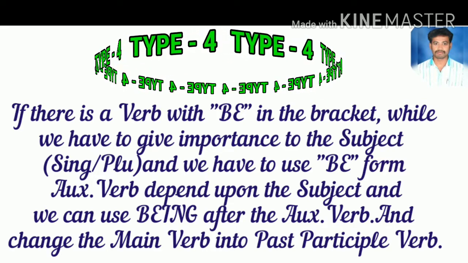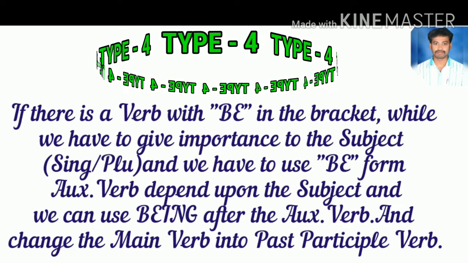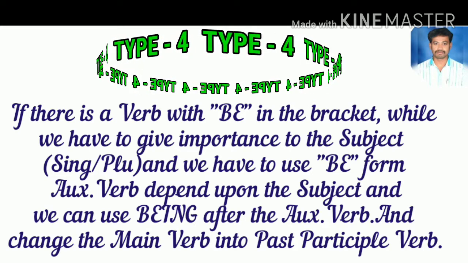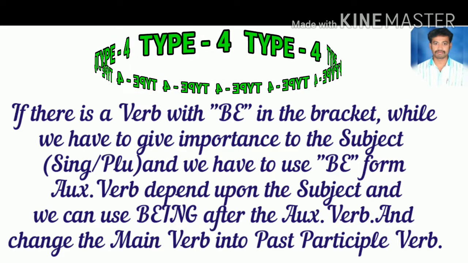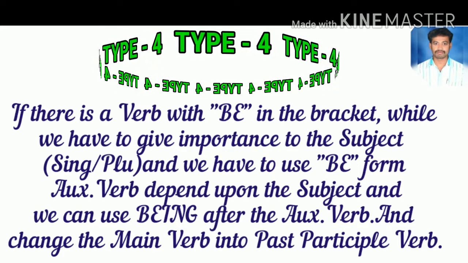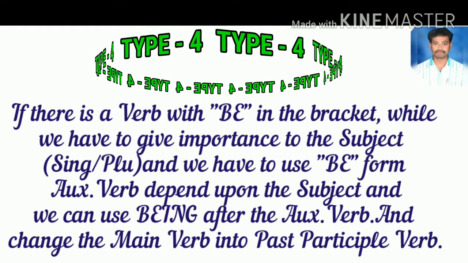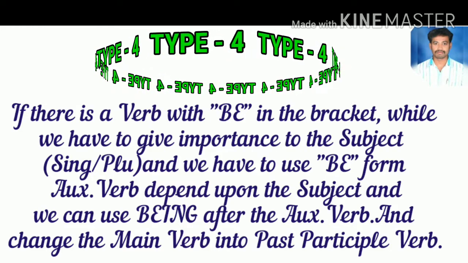Look there: in the have form we use been, in the modal auxiliary we use be, but here, this is called the present continuous tense changed into passive form, and past continuous tense changed into passive form. At that time we want to observe this: being after the auxiliary verb, and change the main verb into the past participle verb form. The same thing here also, we want to change the main verb from V1 into V3.